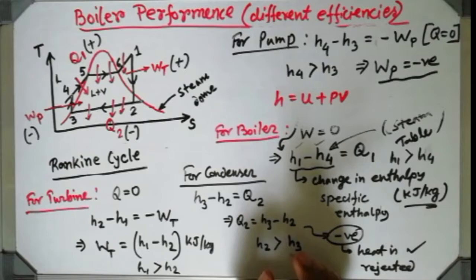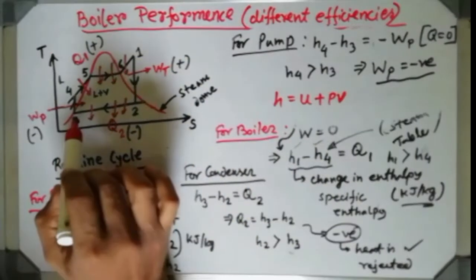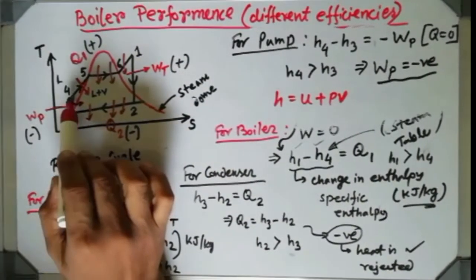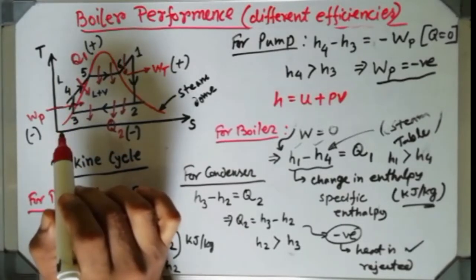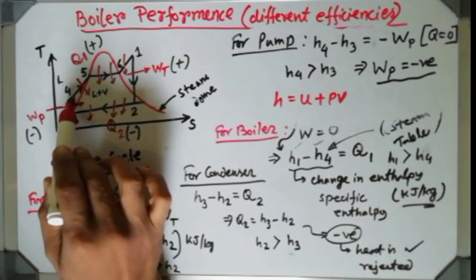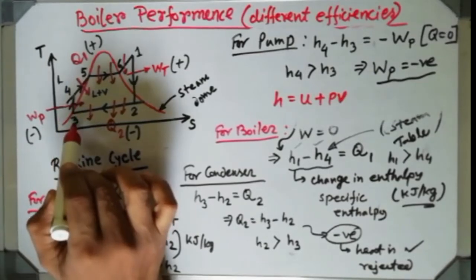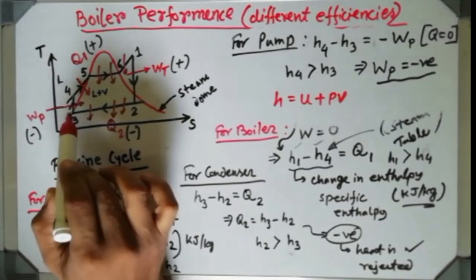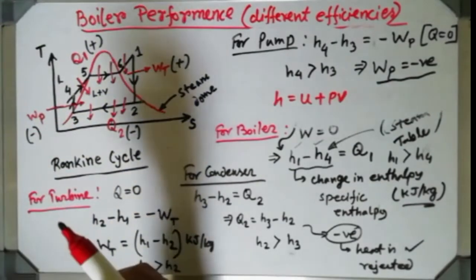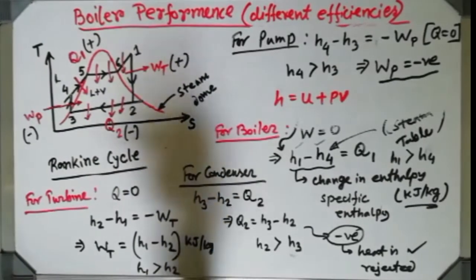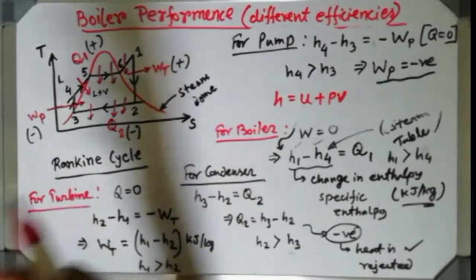And always you will see that the pressure at point 3 and the pressure at point 4 are different. I can give you a hint: the pressure at point 4 will be more than the pressure at point 3. So when you raise the pressure, the enthalpy value also increases.